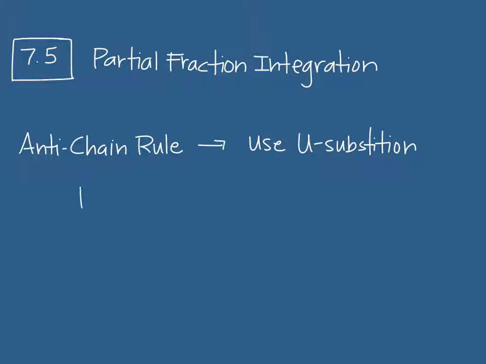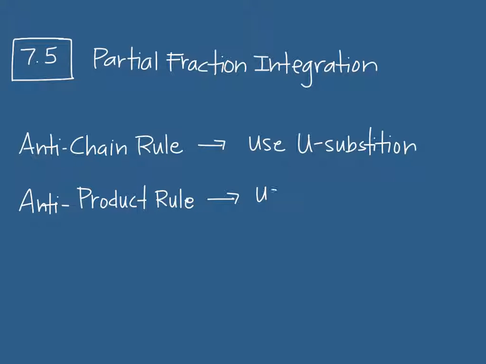We've learned the product rule for derivatives. When we notice we have a product, U substitution doesn't work on a product very often, and so then we need the anti-product rule.